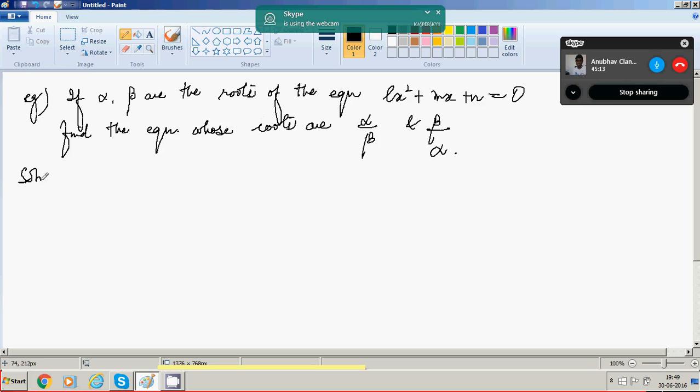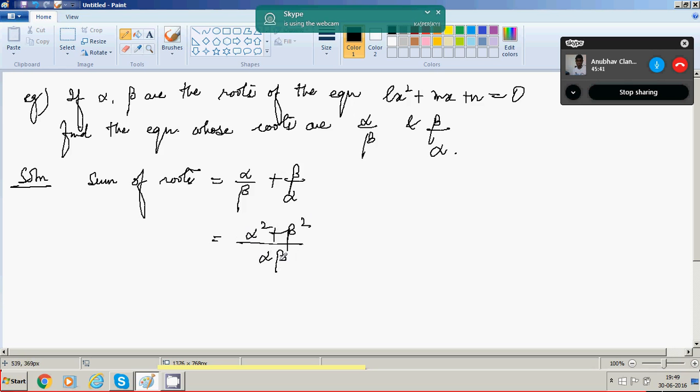So solution: the sum of roots equal to alpha by beta plus beta by alpha equals alpha squared plus beta squared over alpha beta.